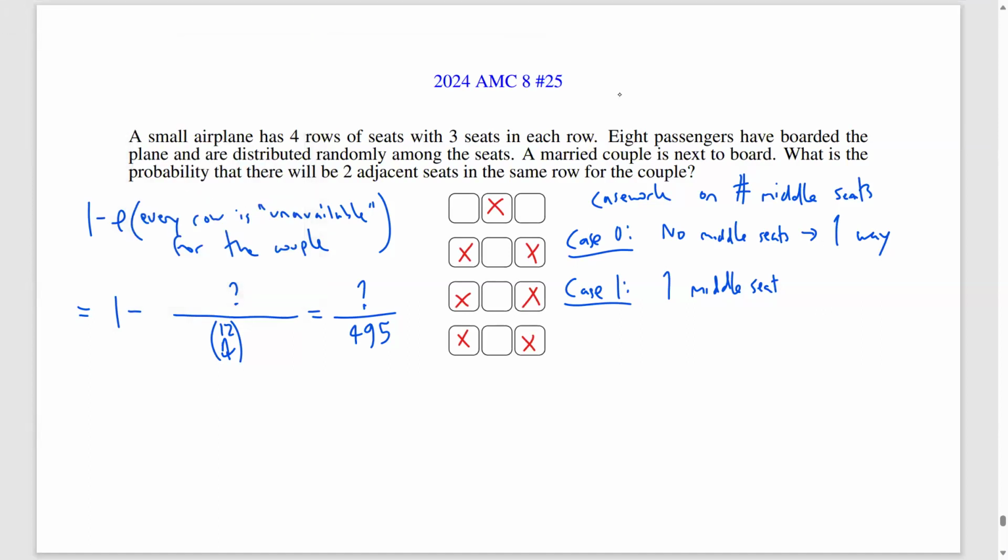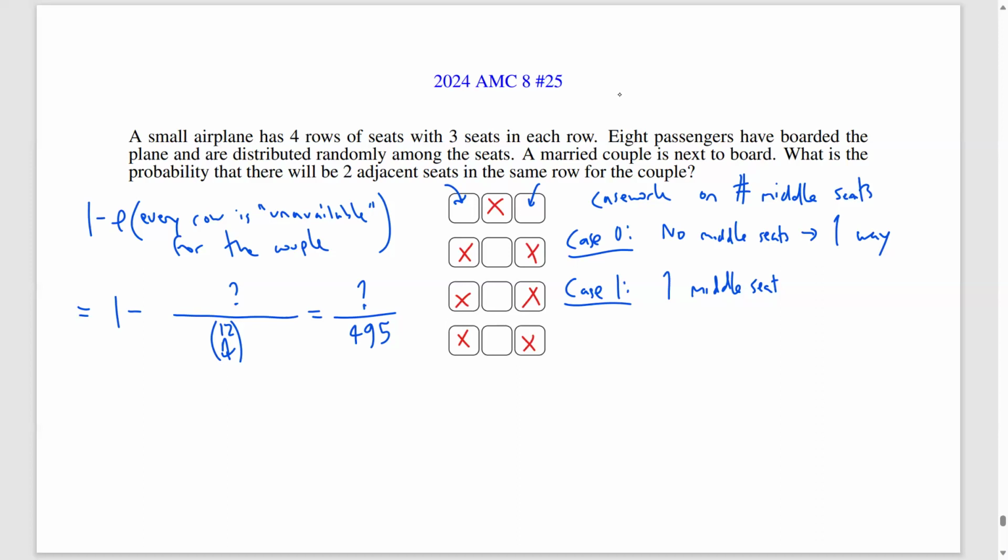Now we've seated 7 of the 8 passengers. Now we need to figure out where the 8th passenger can sit. That passenger can either sit in the left or right seat in the top row. And there are 2 possible ways to seat this remaining passenger.